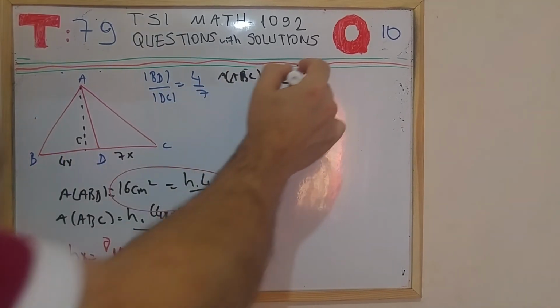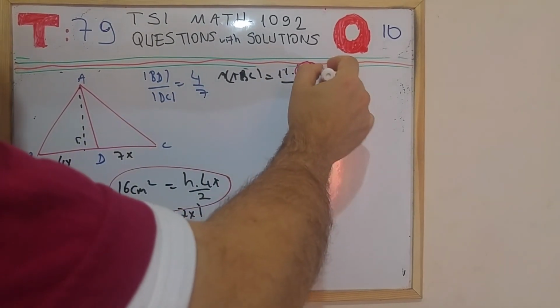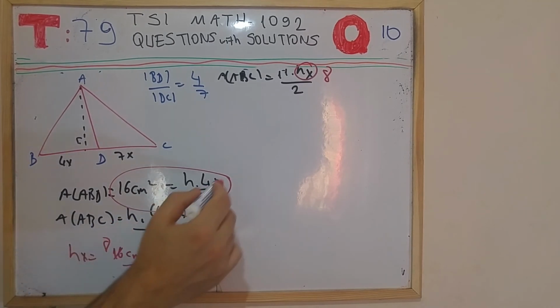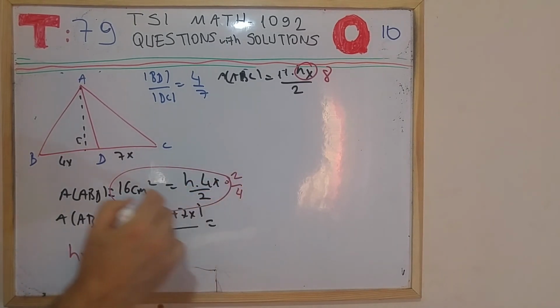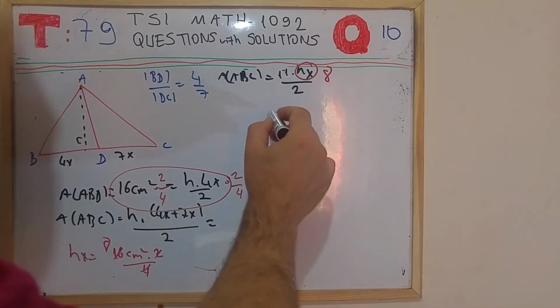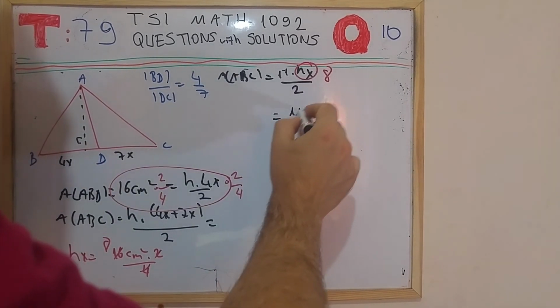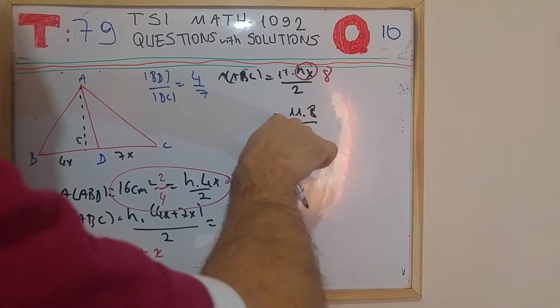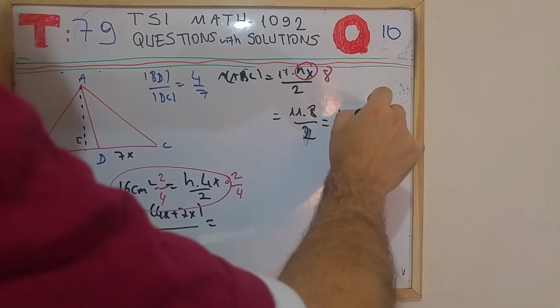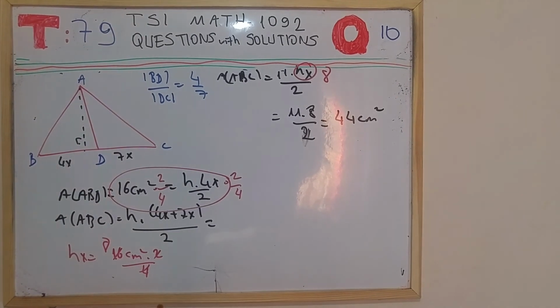I did this by multiplying each side by 2 and dividing each side by 4. So I just replace hx with 8 now. What I have in my hand is 11 times 8 divided by 2, which is equal to 44 square centimeters.